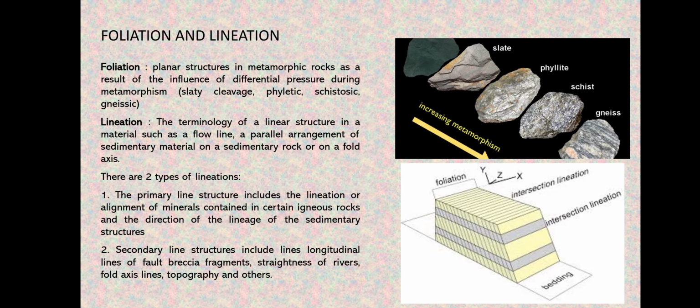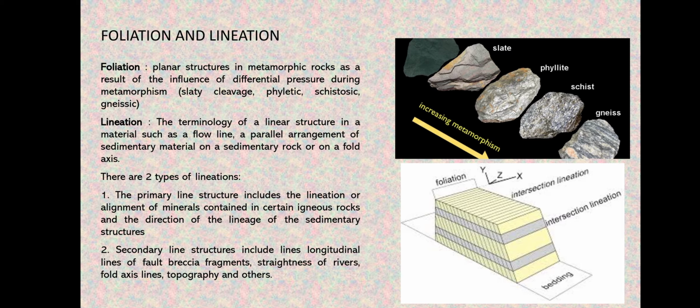Next is lineation. Lineation is the terminology for a linear structure in a material, such as a flow line, a parallel arrangement of sedimentary material in a sedimentary rock, or on a fault axis. There are two types of lineation. First is the primary line structure, including the lineation or alignment of minerals contained in certain igneous rock, and the direction of the lineation of the sedimentary structure.